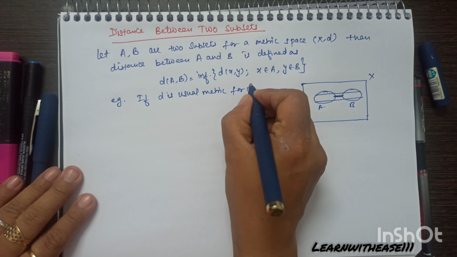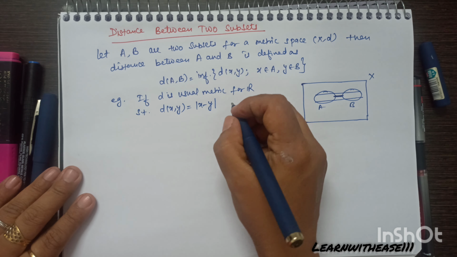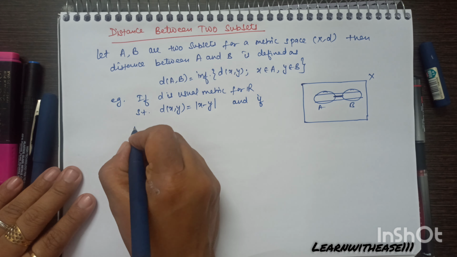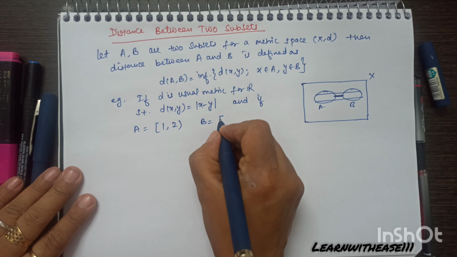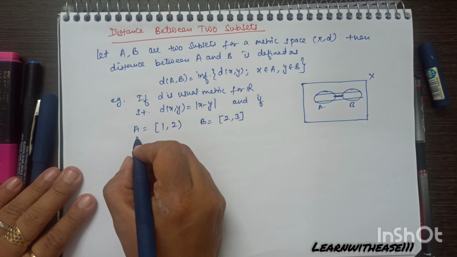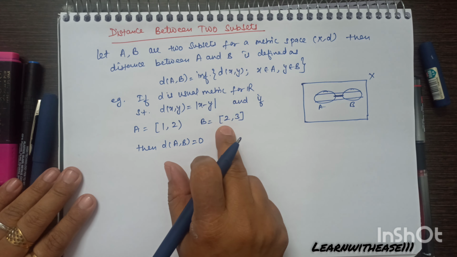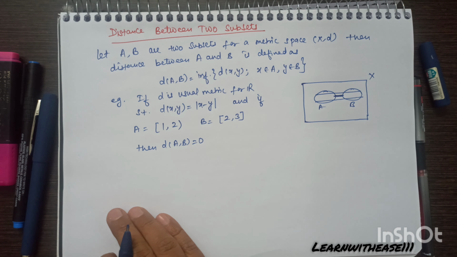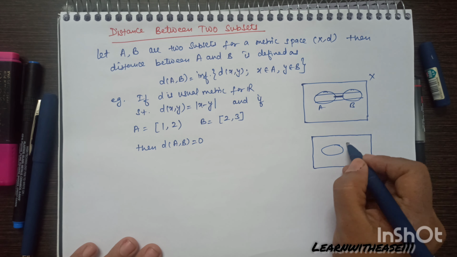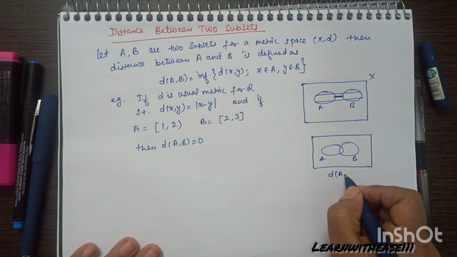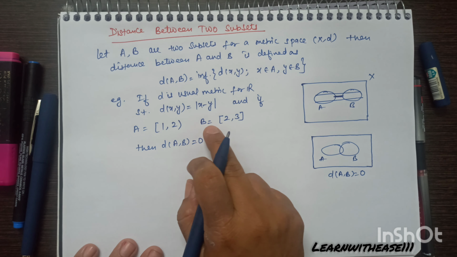If d is the usual metric for R such that d(x, y) is this, then we choose any two sets A and B to show the distance. How do we find the distance? A is [1, 2), B is [2, 3], and the distance of A to B is 0. These are just touching sets, because in one set 2 is not included, in another set 2 is included. This is the case when they are overlapping, their intersection is non-empty.